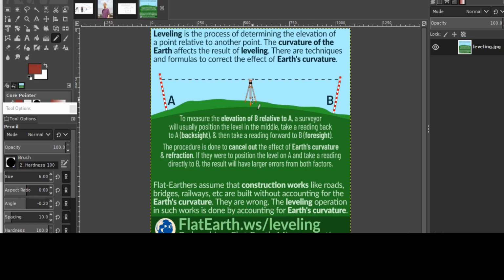So the surveyor who gets these kinds of results has never actually looked at it from the perspective that we are seeing it now, this side-on view, as it were. So all of this is interpretation of what the surveyor sees or records.